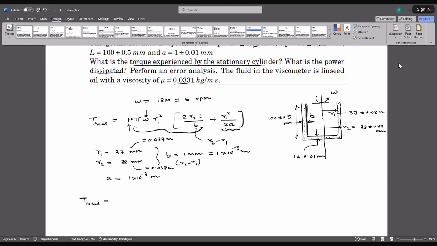Mu is given, 0.0331, into pi into omega, which is 1800 RPM, into R1 square, that is 0.037 square, into 2 into R2, 0.038, into L. L is 100 mm, that is 0.1 meter, divided by B. B is 0.001.